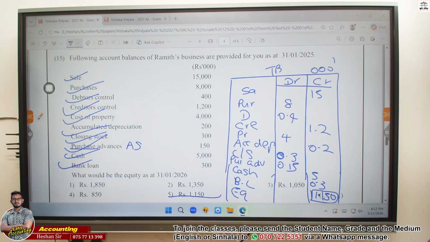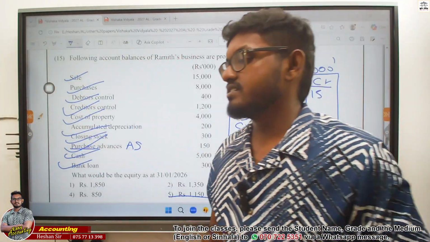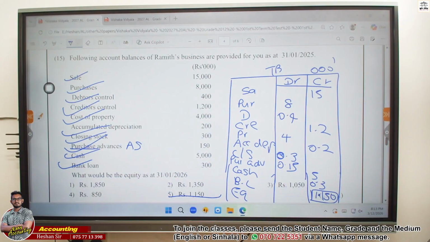You can draw a trial balance to calculate the equity. That is another method to calculate the equity, right?